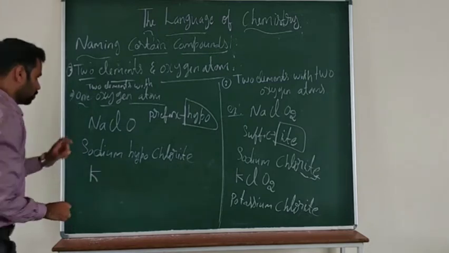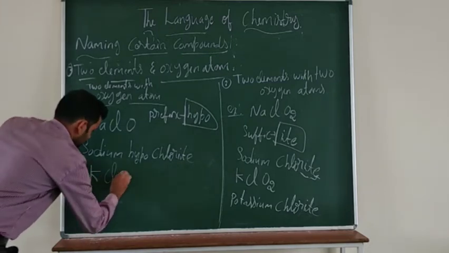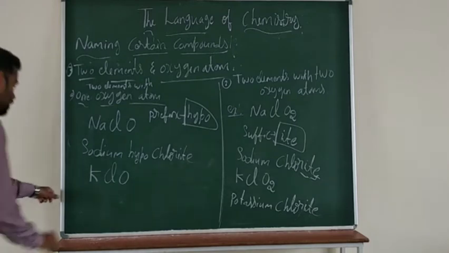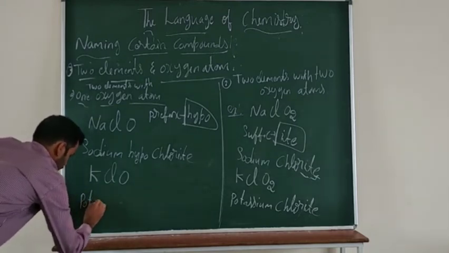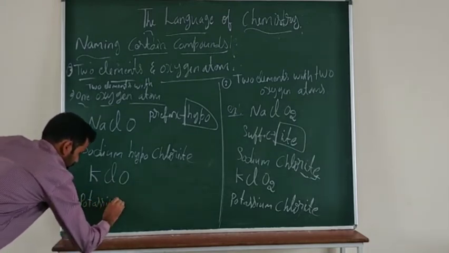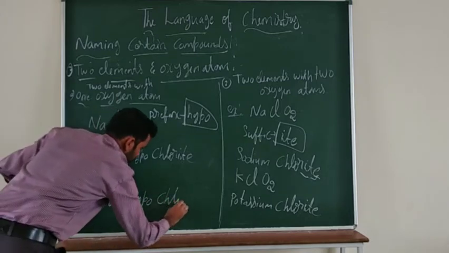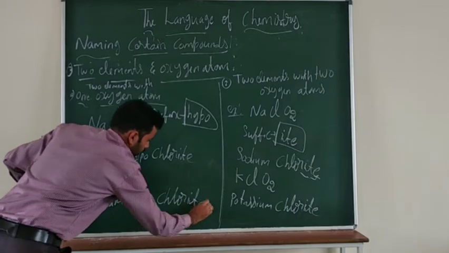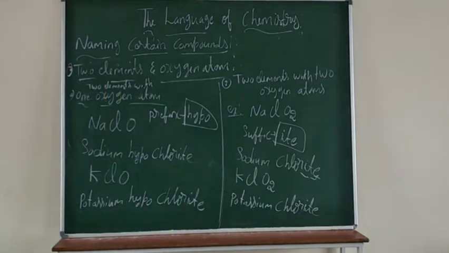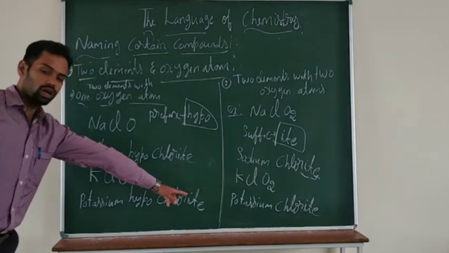For only one oxygen atom, another example I can give is KClO. Here also, potassium hypochlorite, if only one oxygen atom is there.